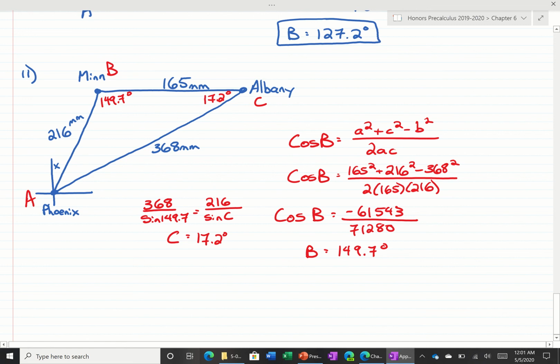If we do 180 minus 149.7 minus 17.2, we get that this angle is 13.1 degrees.